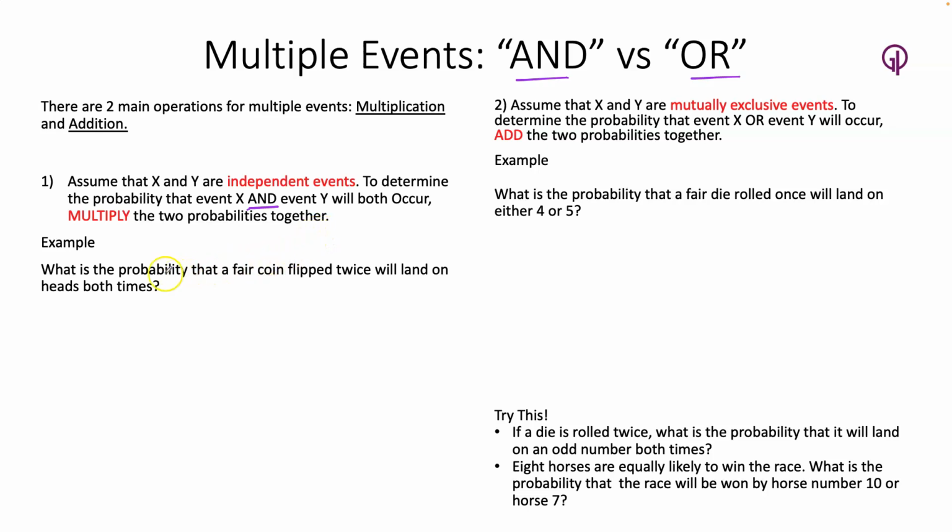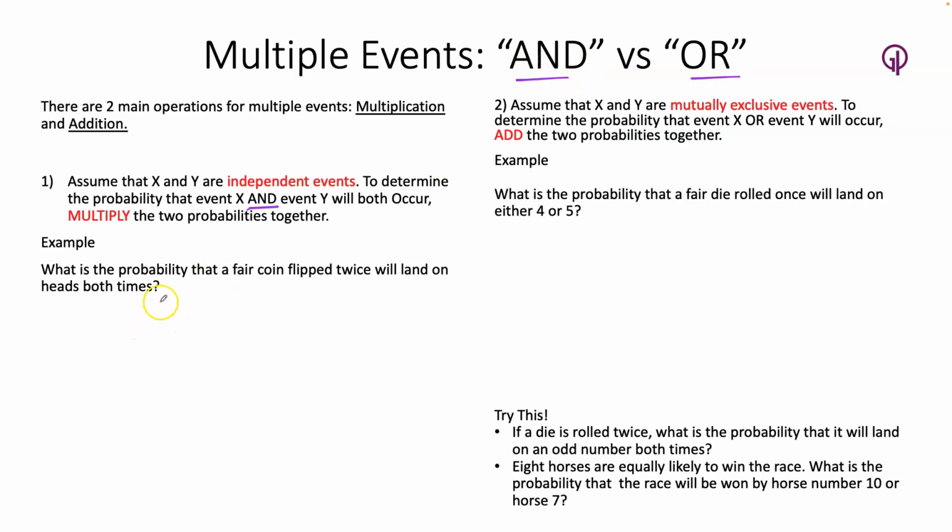And then here we have this example which says, what is the probability that a fair coin flipped twice will land on heads both times? Okay, so right away you will know that this is an AND problem.